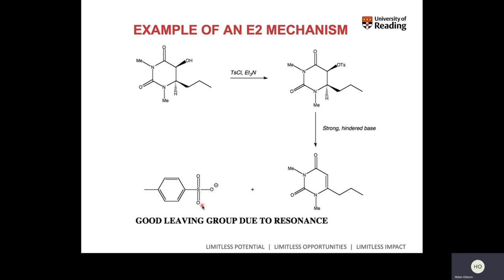Resonance, remember, is where you can stabilise the charge through the pi framework. So we've got the opportunity to stabilise the charge through this double bond or through this double bond. So this is a very good leaving group due to resonance. If it's a very good leaving group, it means that we can do the E2 reaction when the base comes in, pulls off the hydrogen, kicks the electrons round, and loses this as a leaving group all in one step.